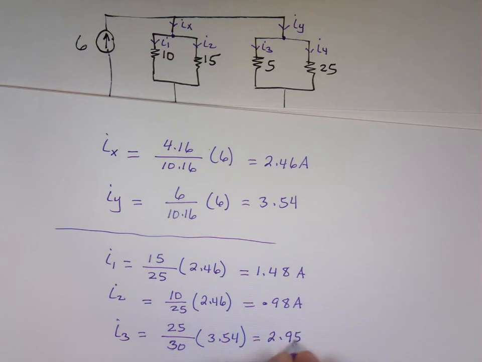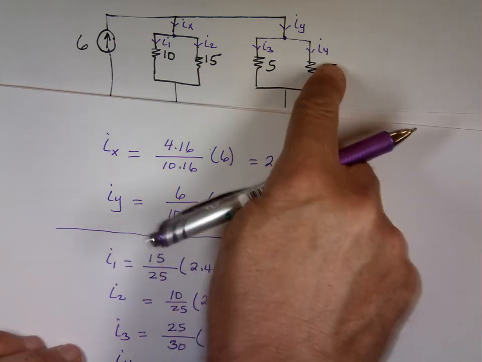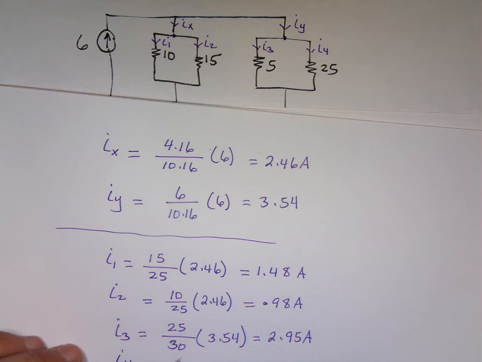And I sub 4, the last one, should equal, I sub 4 is that one, I got to use this resistor, 5 over 30 times what? 3.54, which is 0.59.